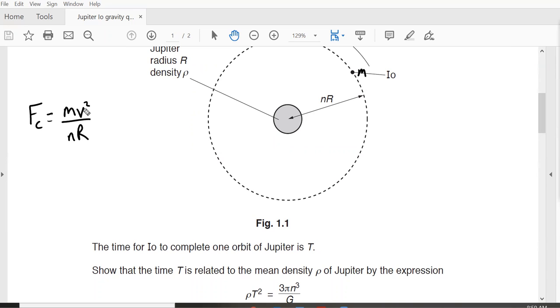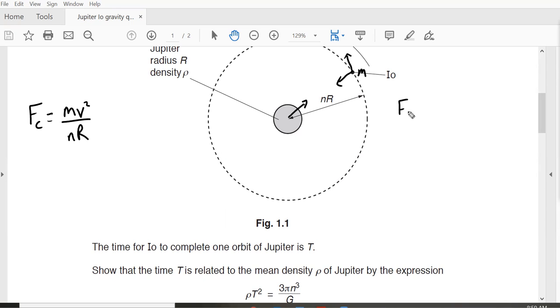So we have Io's mass times its velocity, and that's its velocity sort of this way. Okay, so we'll have to think about that too. What is providing the centripetal force? Centripetal means center seeking. So there's always a force acting towards the center of the circle. You can imagine that the force acting towards the center of the circle here is gravity. It's provided by gravity.